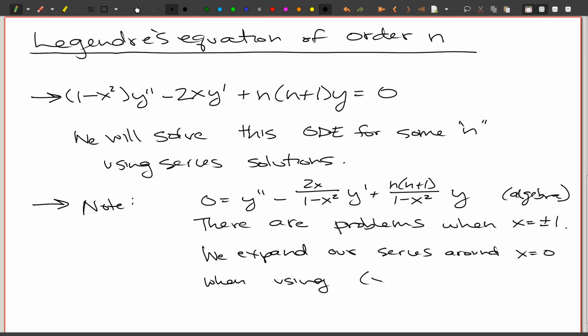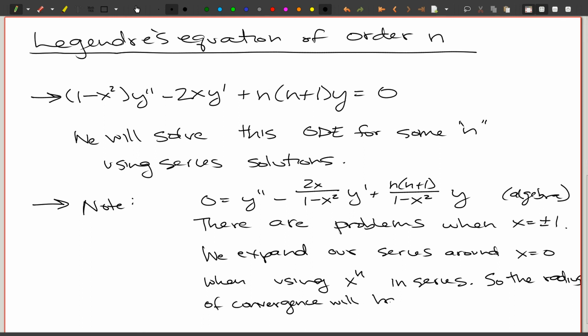We had that choice to do (x minus a) to the n in all the series, but what we always do is just x to the n. So the radius of convergence will have to be that our absolute value of x is less than 1.